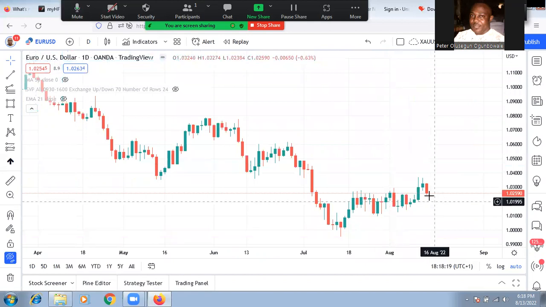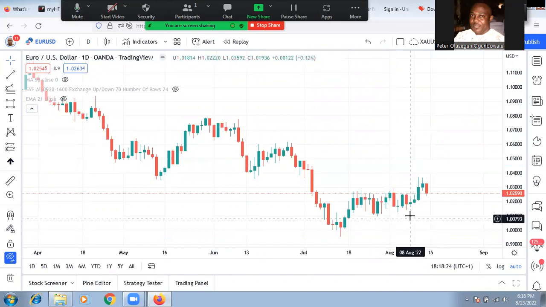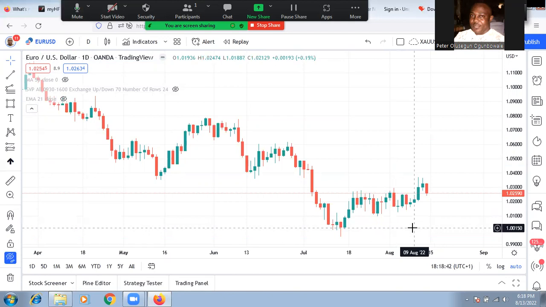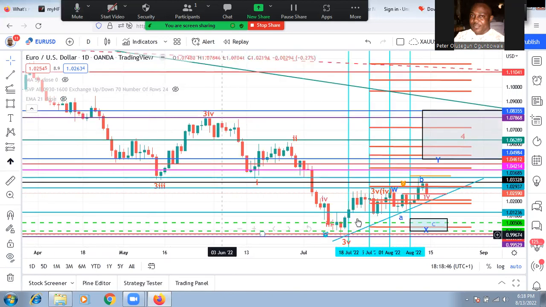But once we break this level here, 10100 to the downside, then we are going to come to that level that I talked about. So if we break this level, then definitely price will not stop until it gets to this zone.